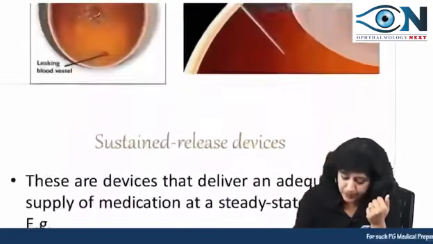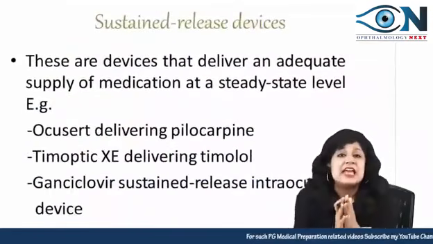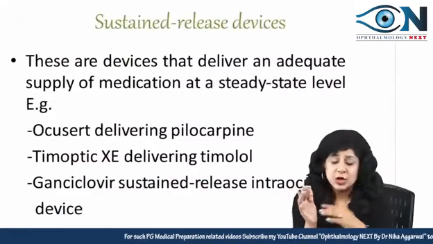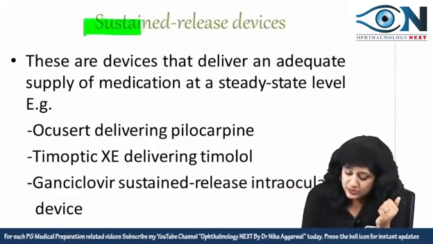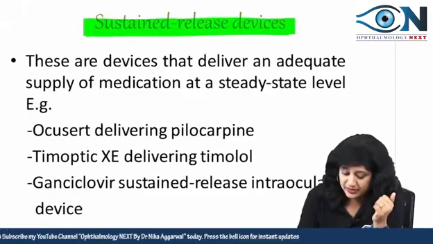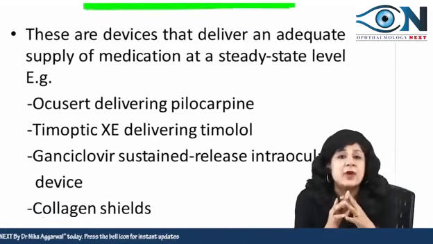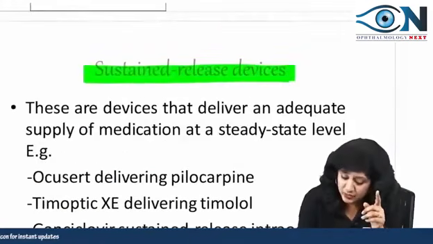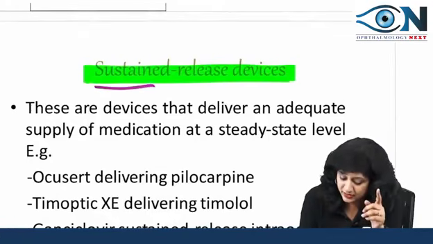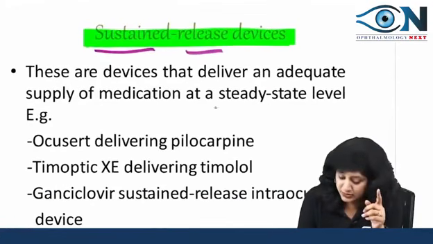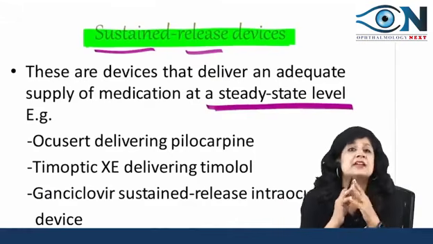All right. Now we come to the sustained release devices. Another thing that we can use in the eyes is the sustained release devices, and the advantage is they are responsible for maintaining a steady state.